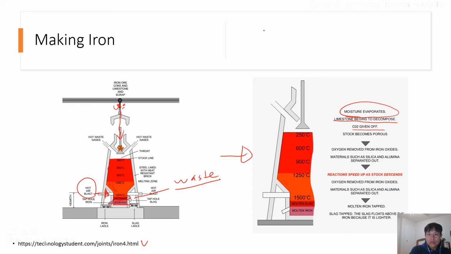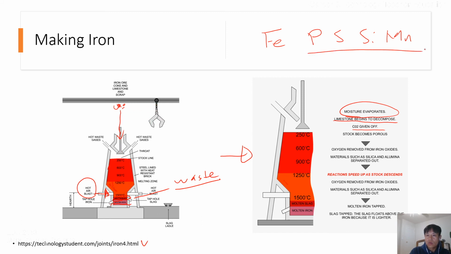So the element is ferrous. So mostly ferrous comes with lots of other elements like these. These are impurities as well as lots of carbon. So the carbon and these impurities determine the characteristics of ferrous. So this process removes those things.